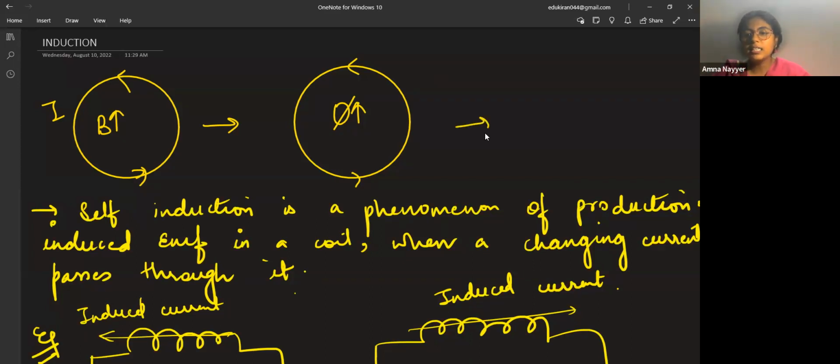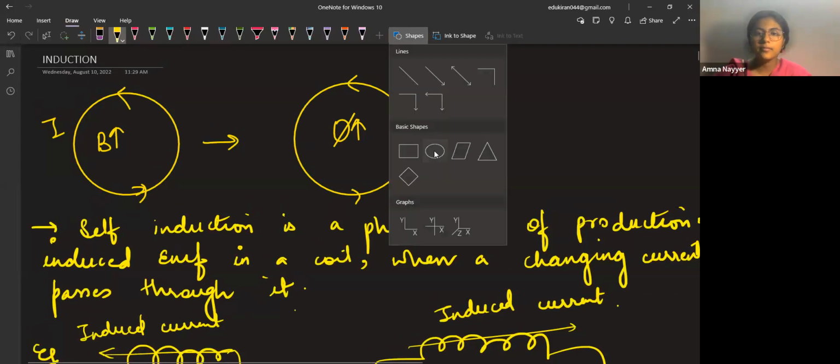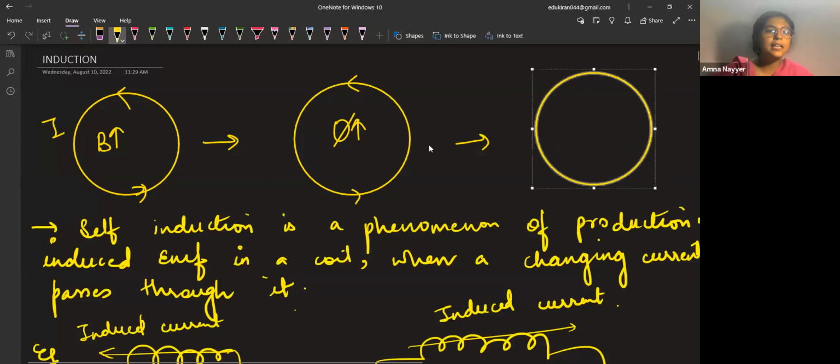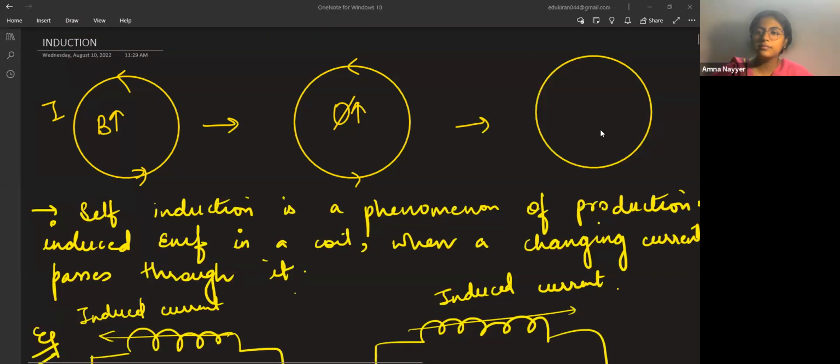So within this same coil itself, EMF is also generated. What happened? Magnetic field increased, magnetic flux increased, so there's an EMF generated.